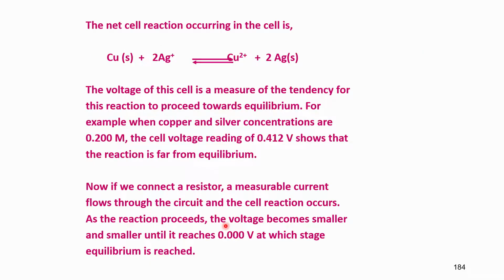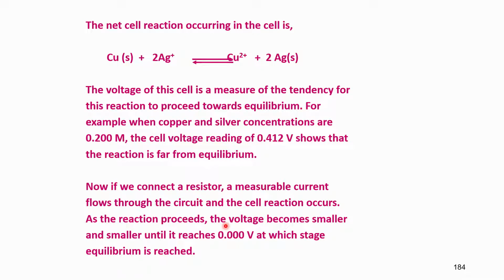Now, you listen to this carefully. The net cell reaction occurring in the cell is given by Cu(s), copper solid, plus 2 silver ions. I am writing the stoichiometry now, because a silver ion requires only one electron to be reduced to silver metal, but copper solid, when it dissolves, is going to give 2 electrons.